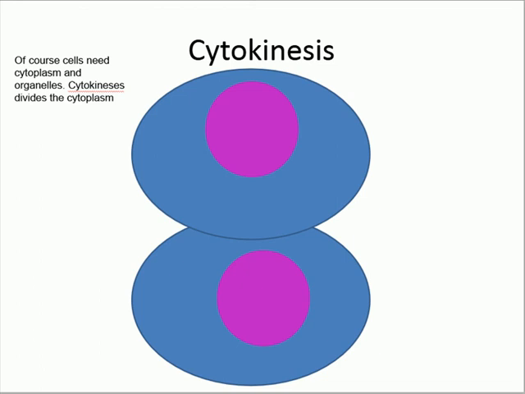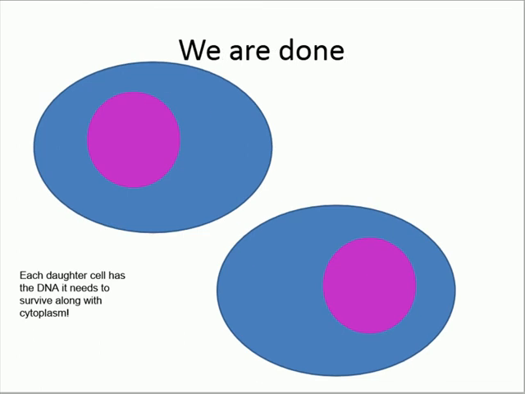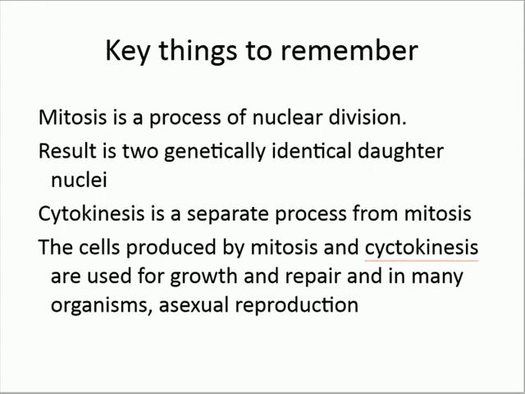And so after we're all done dividing the cytoplasm, we have 2 daughter cells. Each one has all the DNA needed to survive, and here are the nuclei of each cell. They're genetically identical to each other, and each of the cells also has the cytoplasm and organelles that it needs to survive.